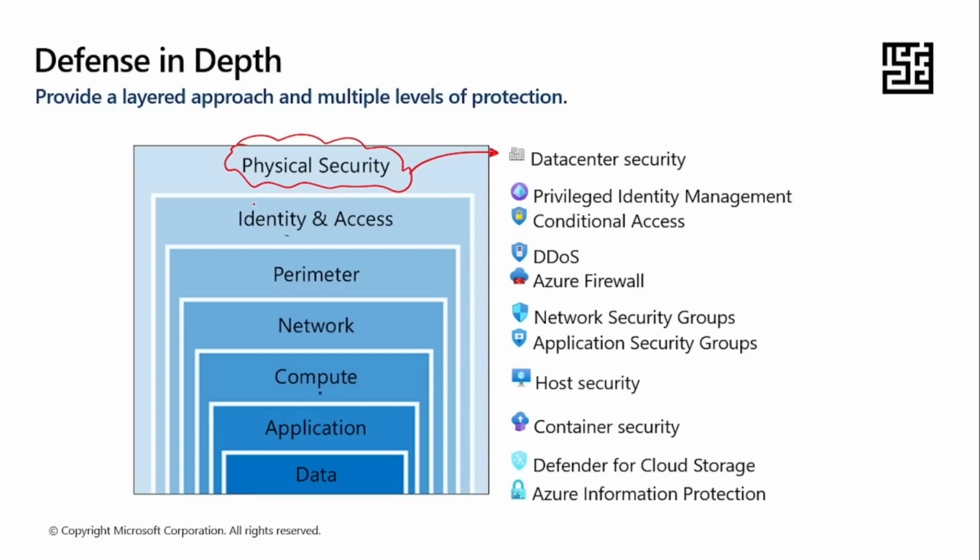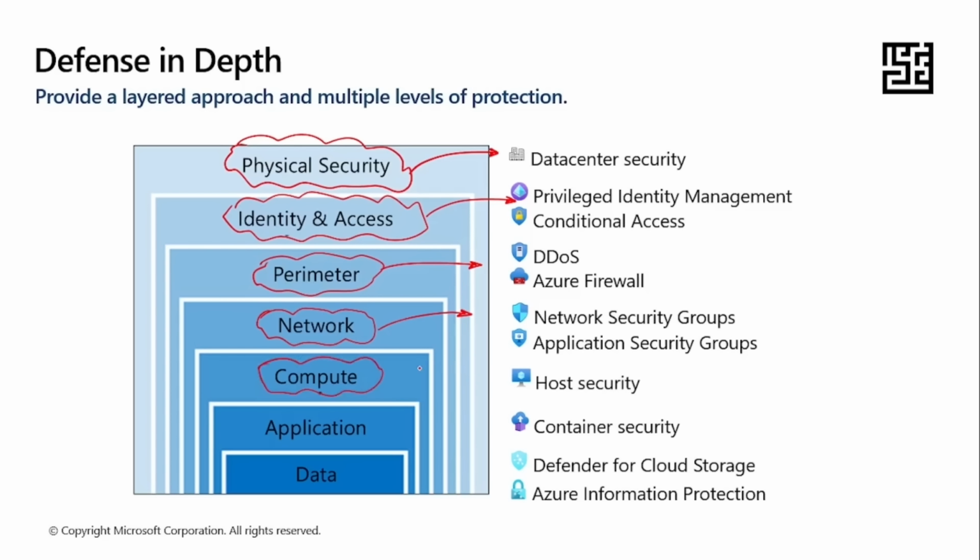And when it comes to identity and access, we have some services like PIM, that is Privileged Identity Management, and conditional access that will take care of identity and access. Perimeter layer security, we have DDoS protection and Azure Firewall Service. Network layer security, we have services like network security groups, application security groups.